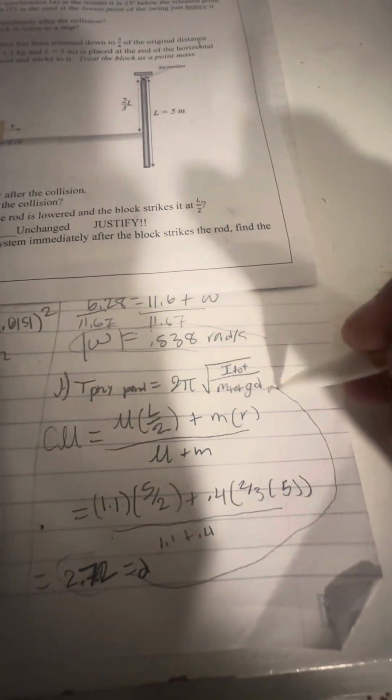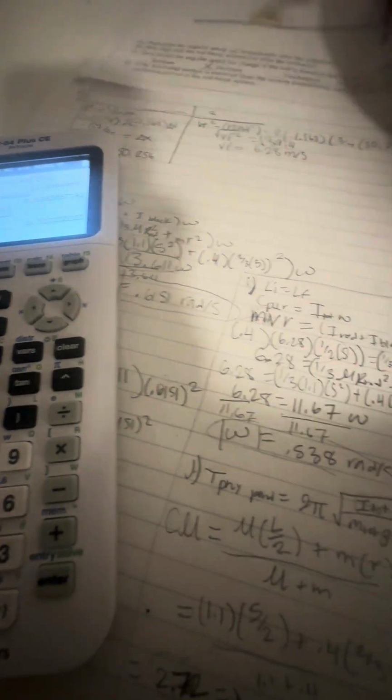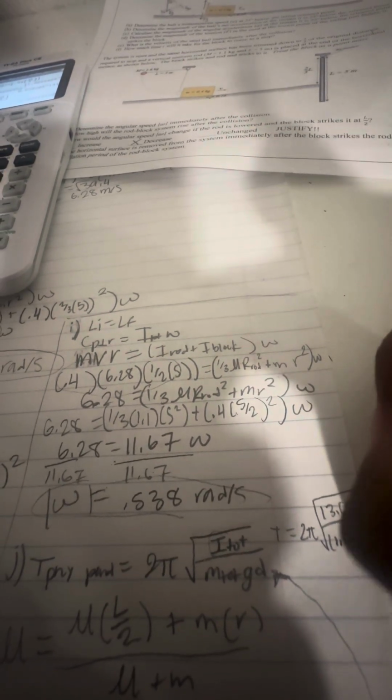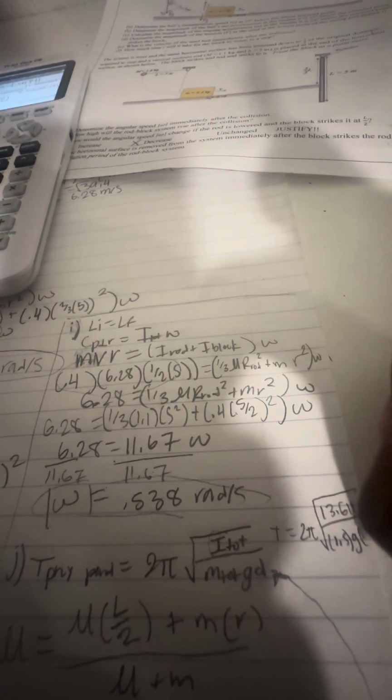And I total we found in the previous parts as 13.611. So we go ahead and plug that in as well. So T is equal to 2 pi times radical 13.611 over 1.5, because it's big M plus little m, times G times D, D being equal to 2.72.